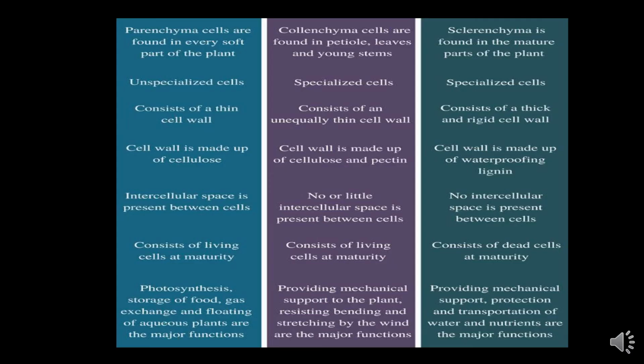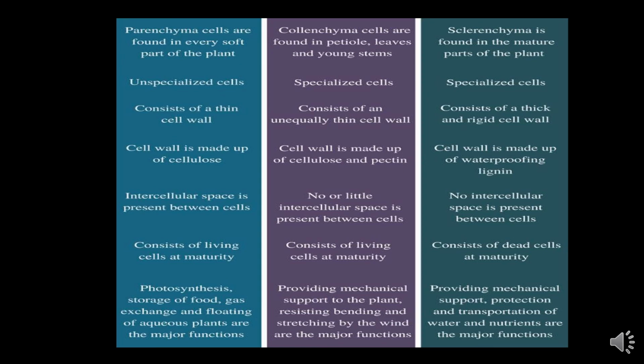So let us differentiate them. Parenchyma cells are found in every soft part of plant as a basic packing tissue. Collenchyma cells are found in petiole, leaves and young stems. Sclerenchyma is found in the mature part of plant where the mechanical strength is required. And parenchyma cells are most unspecialized cells, whereas Collenchymatous and Sclerenchymatous cells are specialized.